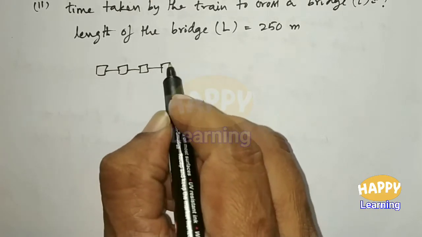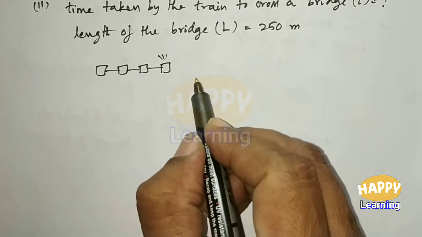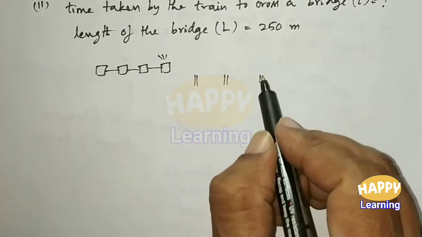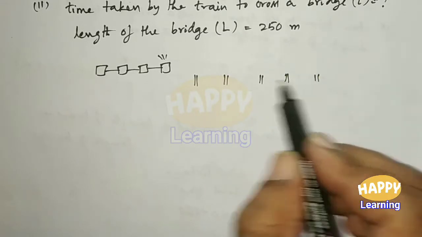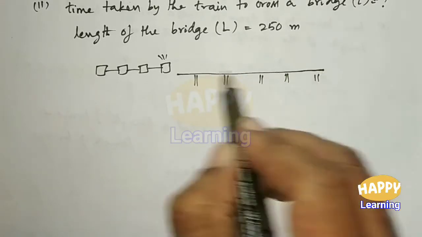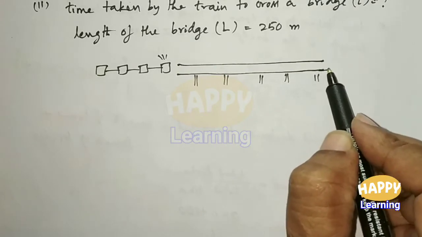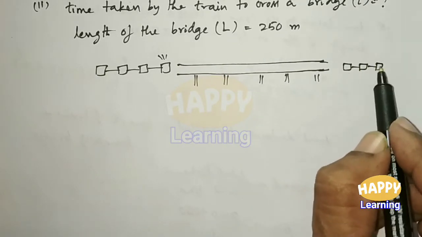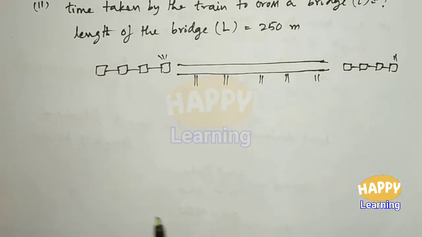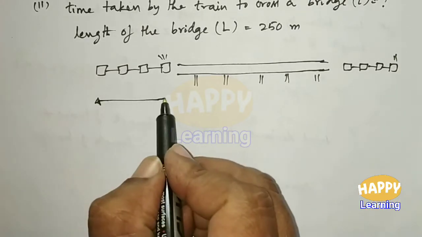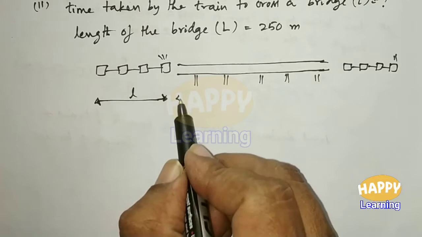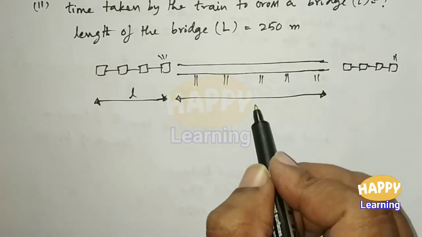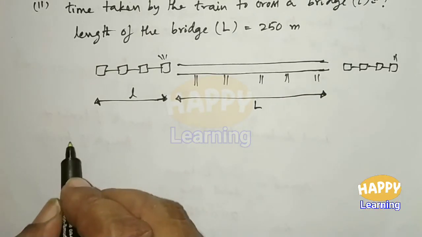Assume that this is a bridge with pillars. The train has crossed means all bogies have moved away from the bridge. So length of the train is small l, length of the bridge is capital L.